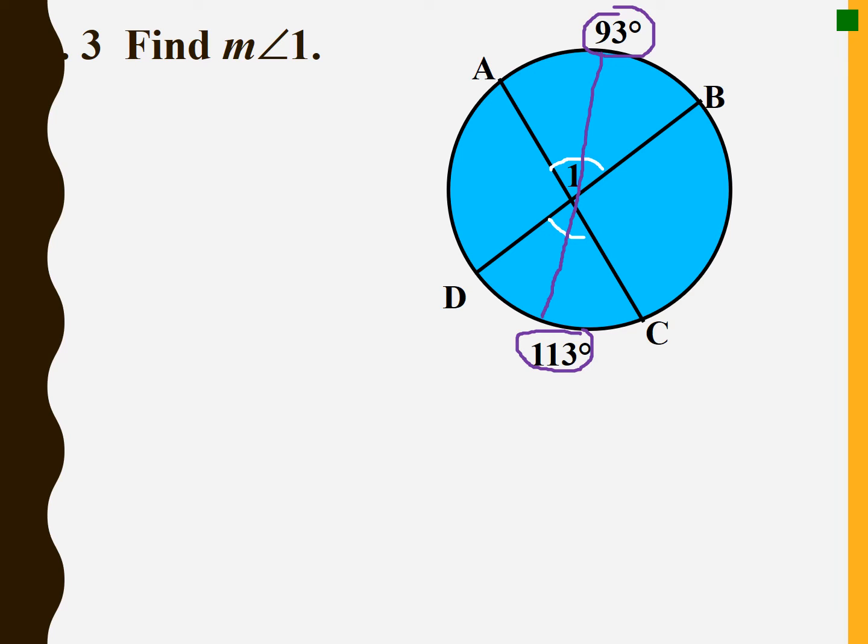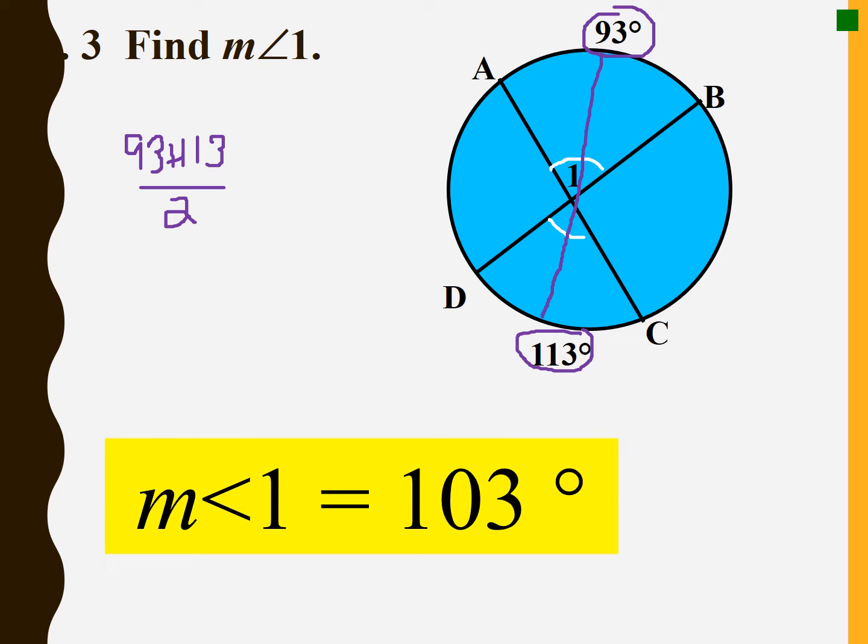So we take 93 plus 113 divided by 2, and we get our answer, which is 103. Again, you can put this in the calculator, use your fraction key. 93 plus 113 divided by 2 gives you 103. So this is how you do angles inside the circle.